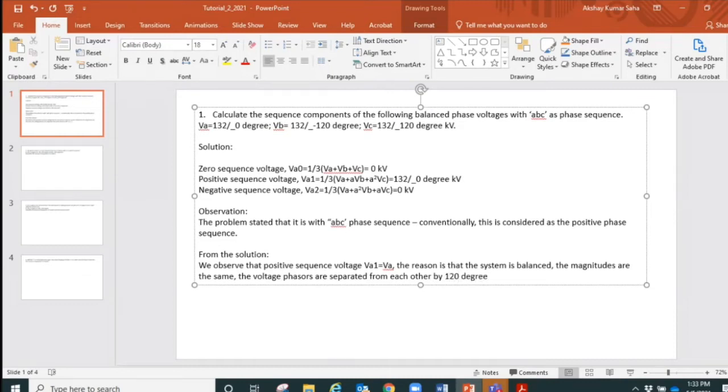If you just observe the phase voltages that are given in the problem, the first one VA is at 0 degree, the next one is minus 120 degree, and VC is 120 degree.